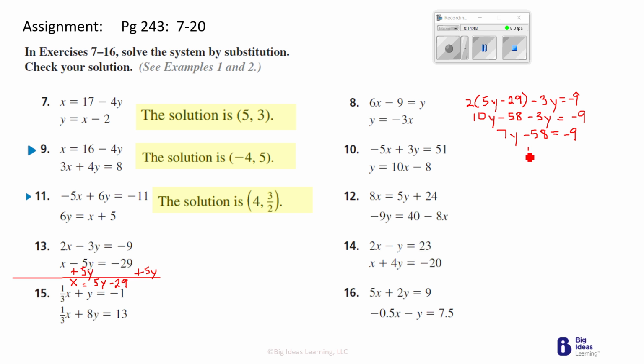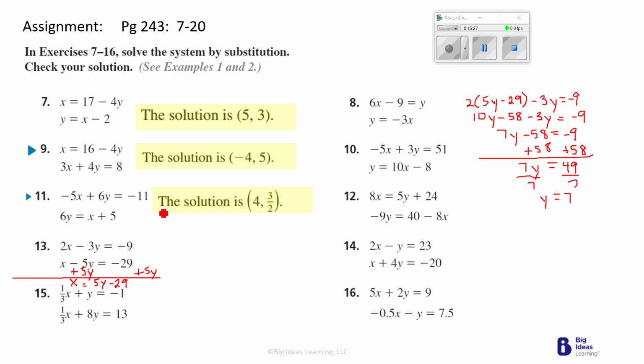Now we're going to add 58 to both sides to combine our like terms. Now we have 7y comes down. And 58 minus 9 is going to give us 49. And now we'll divide 7y by 7 to isolate our variable. And y has to equal 49 divided by 7 is 7.